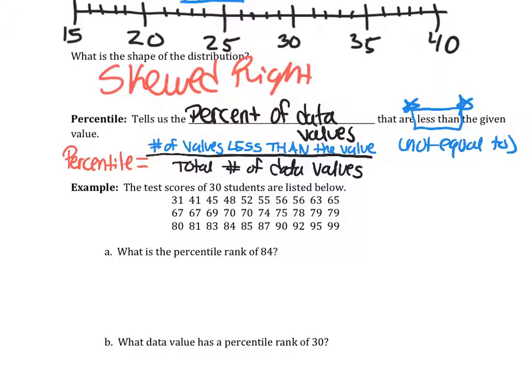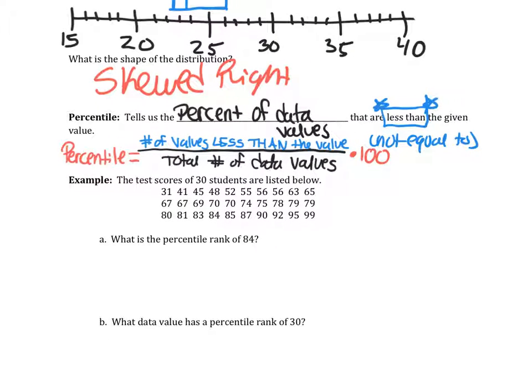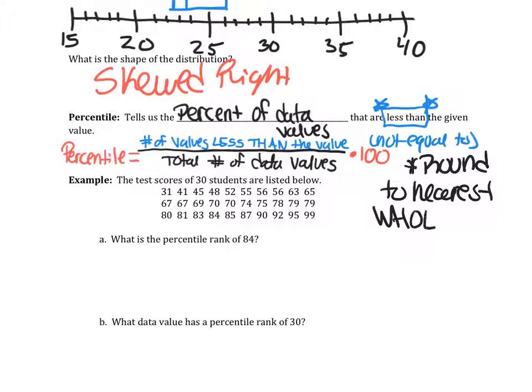And then that'll give you a decimal, so you'd multiply by 100. And with percentiles, you always round to the nearest whole number. So you can't have like 77.6 percentile. It'll just be the 78th percentile.